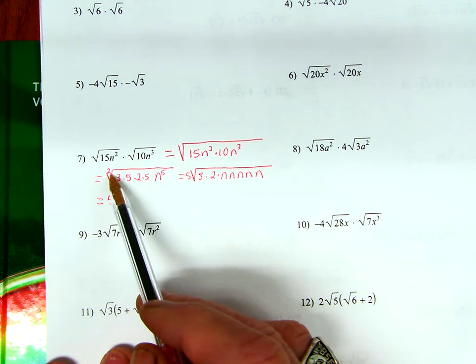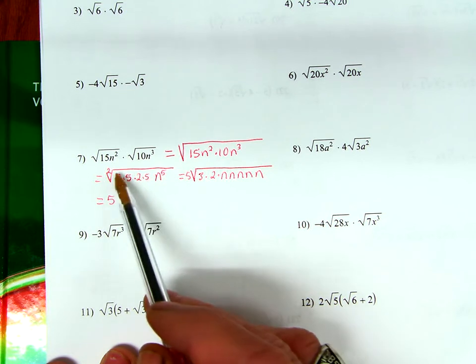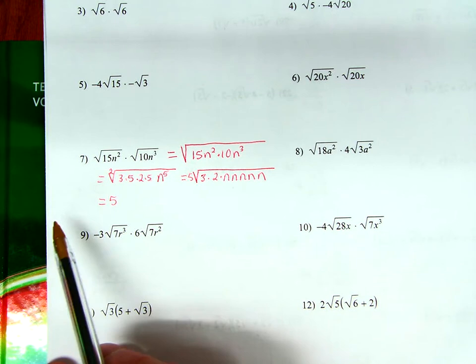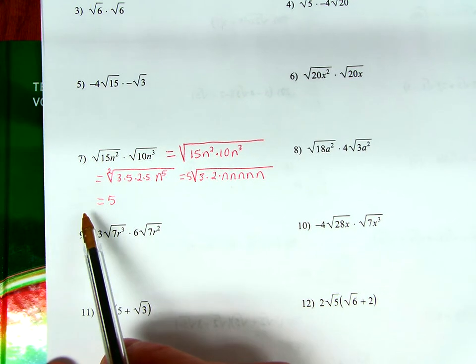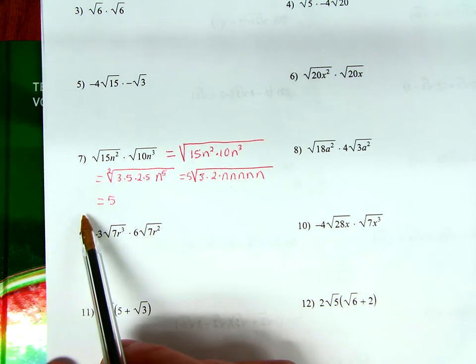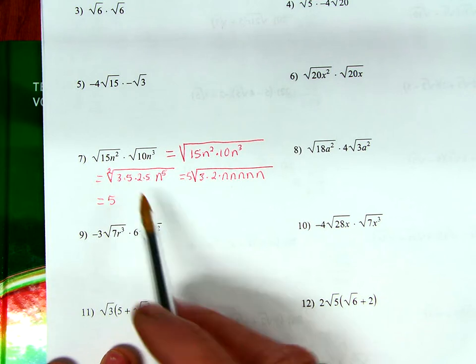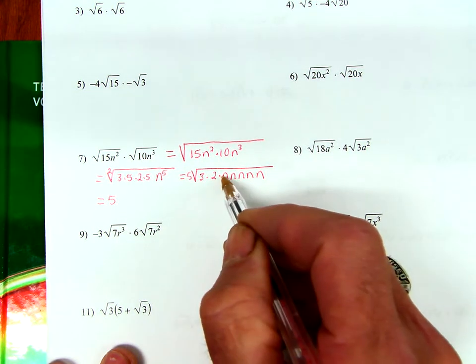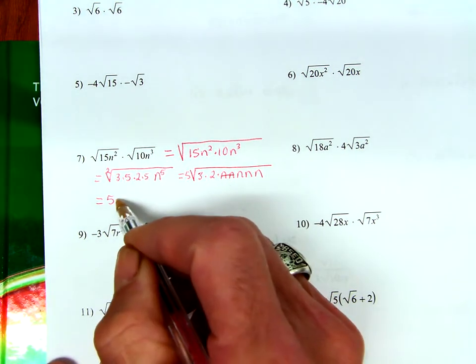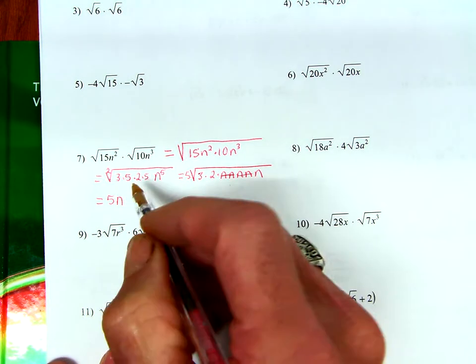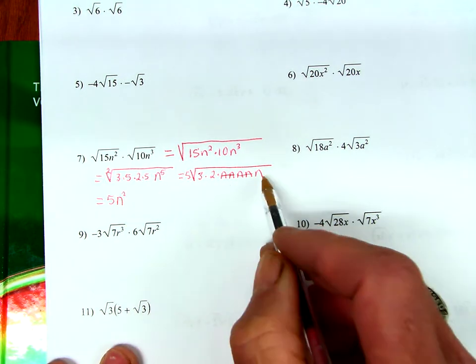Now if I do the division, this power divided by that power, 5 divided by 2 is 2 with 1 left over, a remainder of 1. So I should have on the outside n to the second power, and here's why. Here's one pair of n's, here's a second pair of n's, and 1 left over.